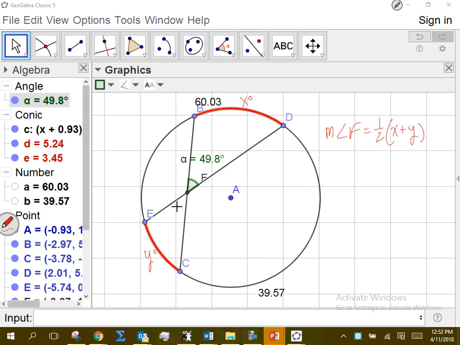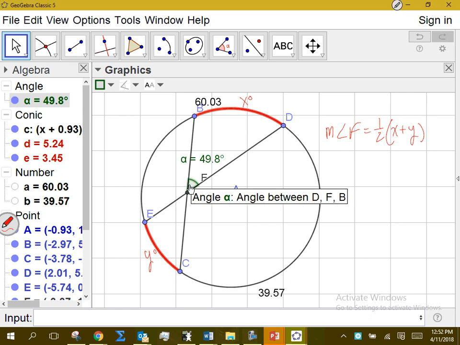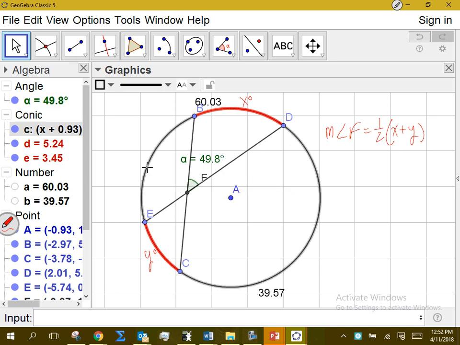And that's not only true for that one. Would you agree that you already know this angle here to be about 130? So if I look at the arc from B to E, and the arc from C to D, if I added arc C to D and arc B to E together and took half of it, it should give me 130.